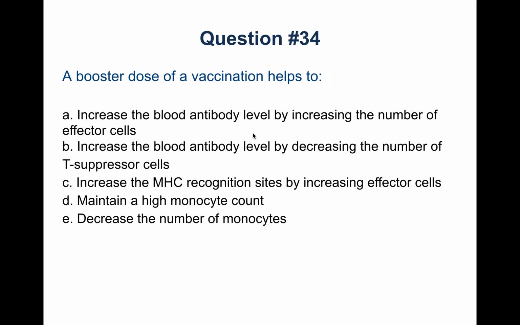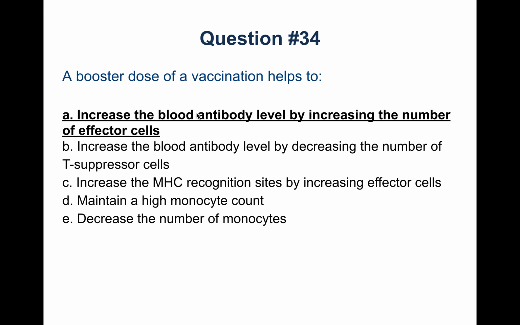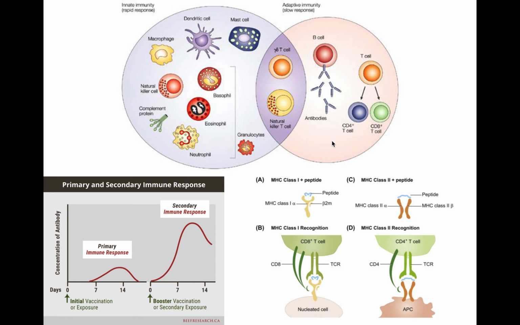But the booster vaccine is not affecting T suppressor cells directly. It's actually stimulating the B cells to become plasma cells and start secreting the antibodies. It also stimulates them to become memory cells. So the next time you come in contact with whatever that was, the memory cells can start spewing antibody out at a super high rate, and your body can fight it off really easily.